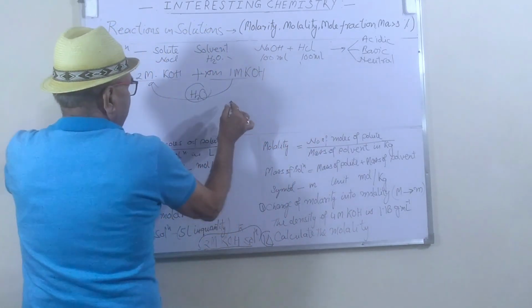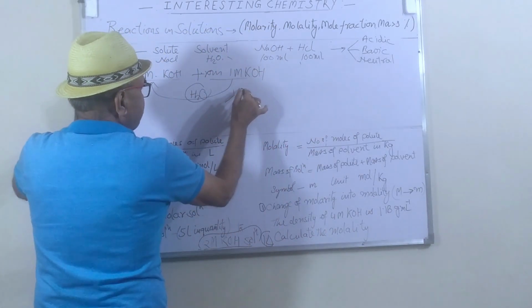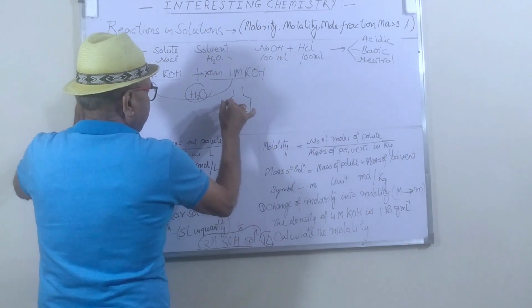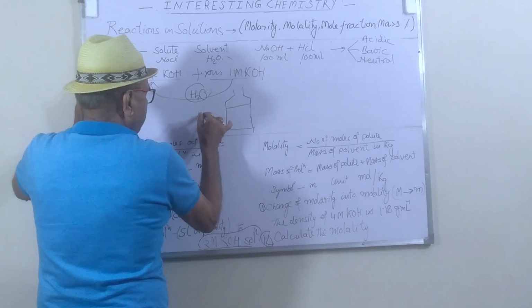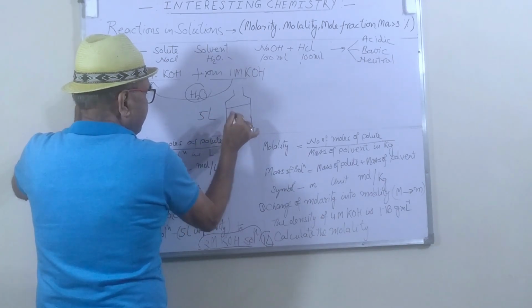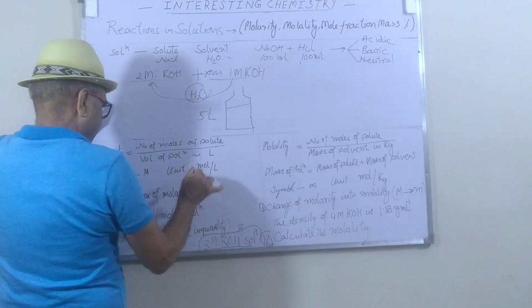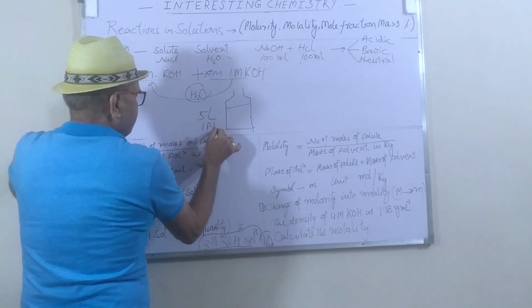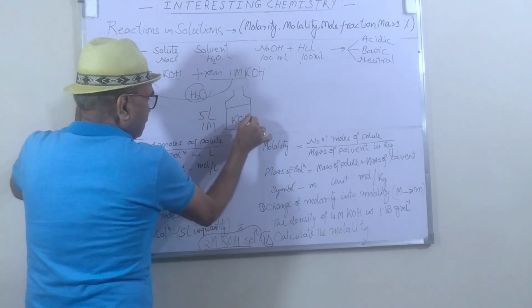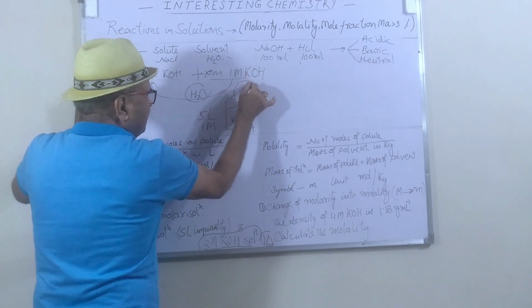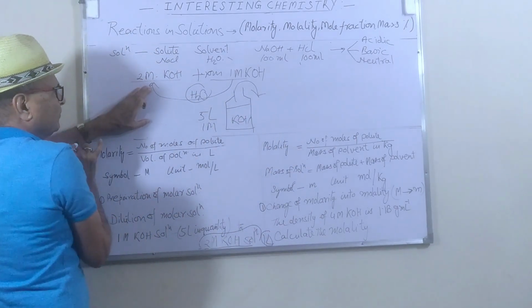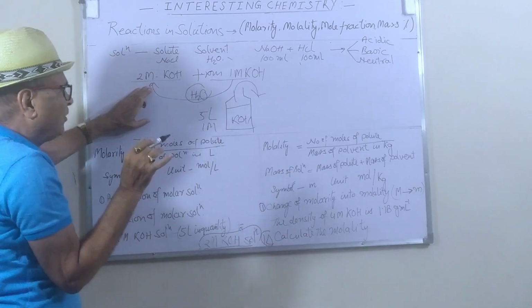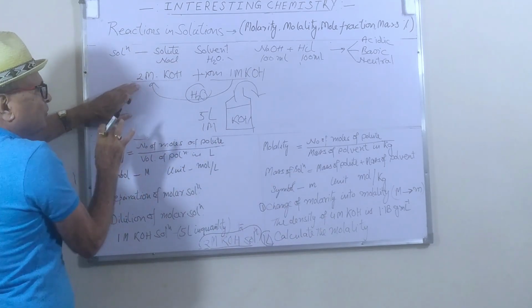Here it is your bottle, and this bottle has 5 liter quantity of 1M KOH solution. You have to take out some quantity to make this 0.2M. So what quantity of this should be taken?